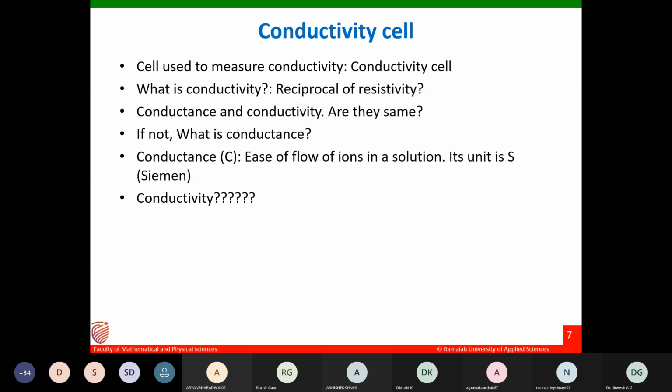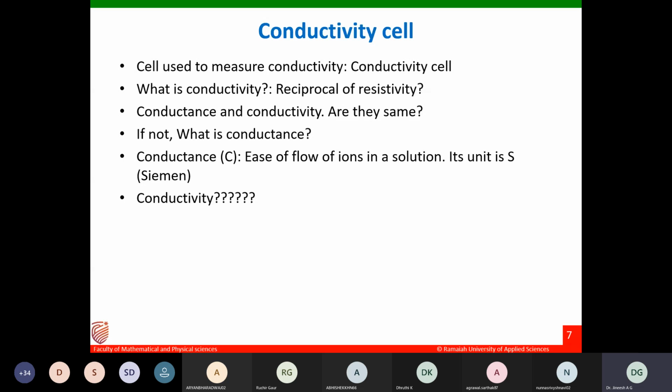Yes, sir. At the same time, take a bigger ion, for example, lead ion. Lead is a very big atom, and its ion is also very big. So if a solution contains lead ions, will it have the same conductance as a solution containing H plus ions? No, sir.